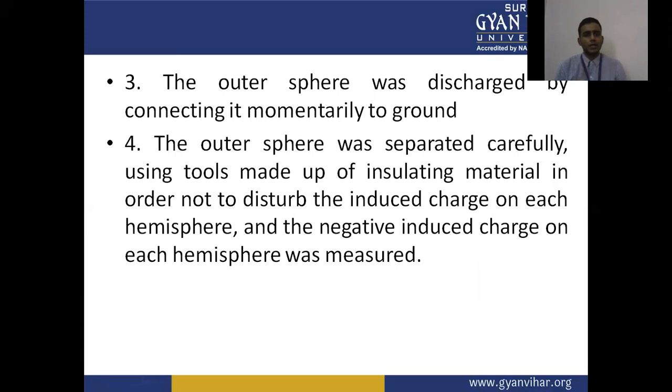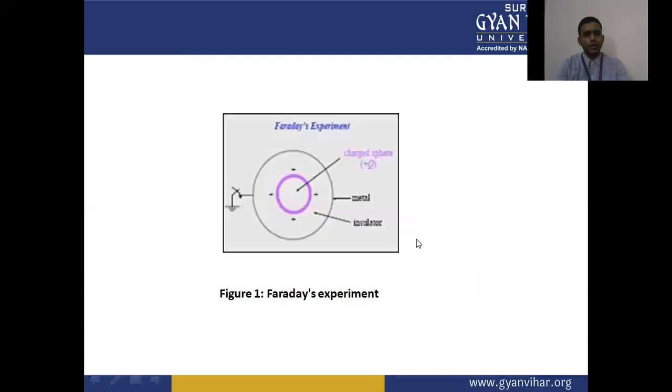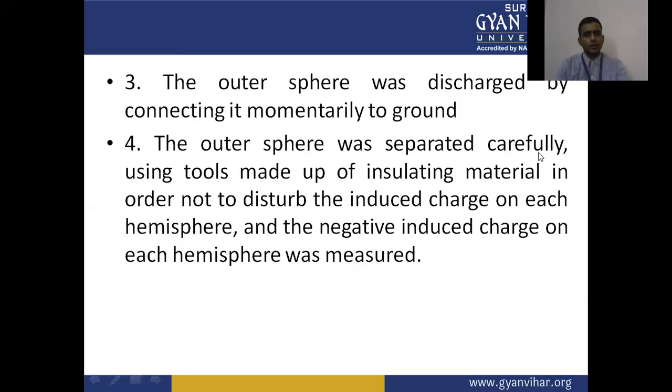The outer sphere was discharged by connecting it momentarily to the ground. The outer sphere was then separated carefully using tools made of insulating material, in order not to disturb the induced charge on each hemisphere, and the negative induced charge on each hemisphere was measured.